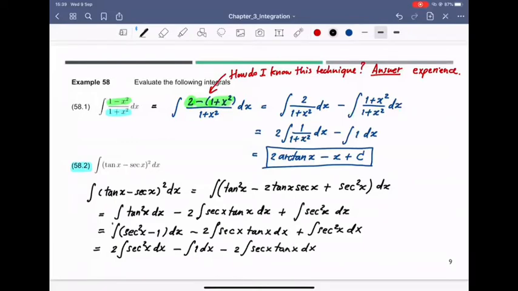Integrate secant square, so you get tangent. Integrate 1, so you get x. Integrate secant tangent, so you get secant, plus c. So this is your answer.